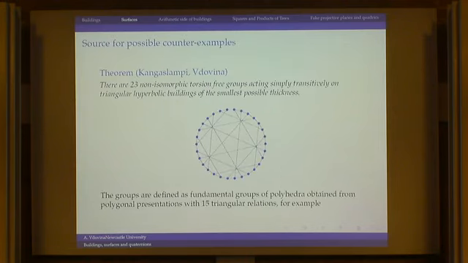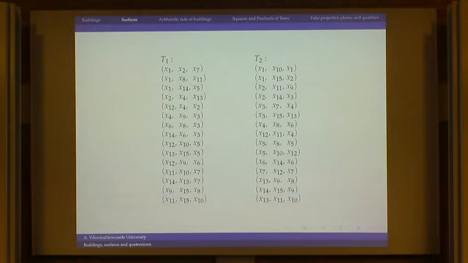This graph is the link, and then in the universal cover we get a hyperbolic building where these groups act simply transitively. But as I already mentioned, it turned out that there are 2 non-isomorphic buildings.